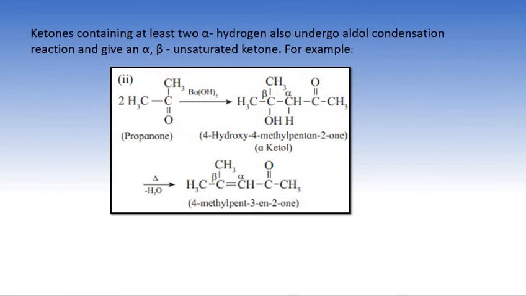When a ketone contains at least two alpha hydrogen atoms, then it will undergo this kind of condensation to give you an alpha beta unsaturated ketone. Similarly, one molecule will be added to another molecule of ketone to give you a ketol, and on the elimination of a water molecule you will see the formation of 4-methylpent-3-en-2-one.